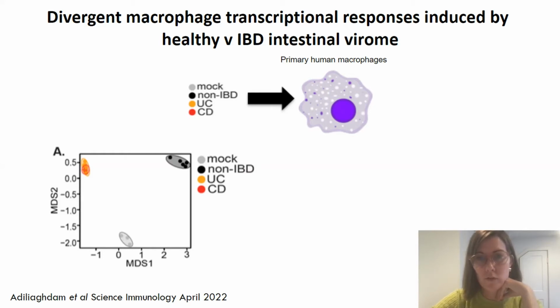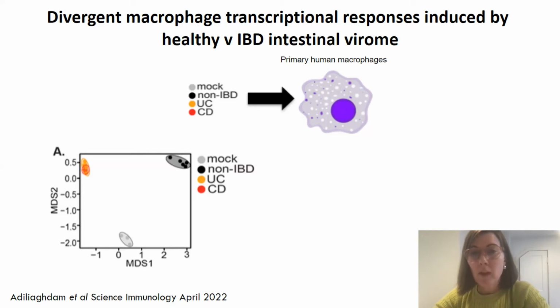These are five individual patients. The transcriptional program induced by those viruses was quite consistent, but markedly divergent from that induced by either ulcerative colitis or Crohn's disease viruses, which overlapped quite well in the transcriptional response that they initiated.